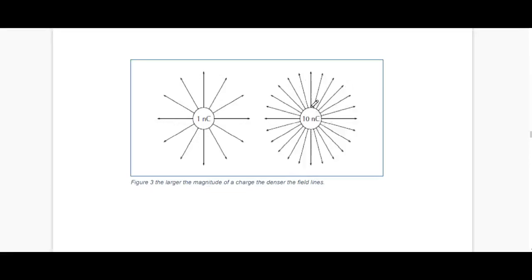So the density of those lines is going to be higher. As you can see, this one has many lines compared to this one. If they're telling you that you have 10 newtons and 1 newton, there must be a difference between the field lines to show that the other one has a larger magnitude. If you don't do that, you're going to get penalized.